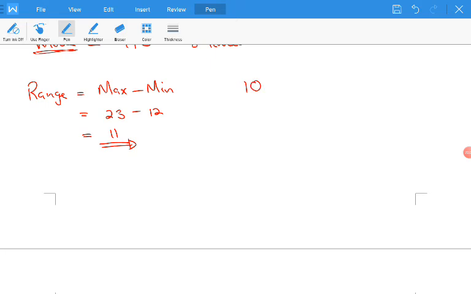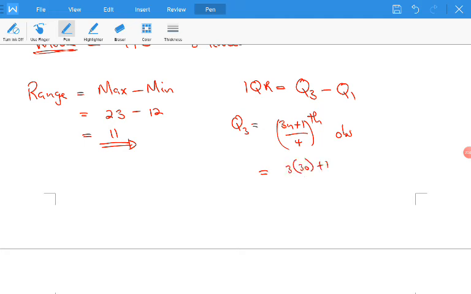And the interquartile range is found by Q3 minus Q1. I'll explain what Q1 and Q3 are in this lesson. So Q3 is equals to 3 times n plus 1 over 4 th observation, which is 3 times 30 plus 1 over 4.